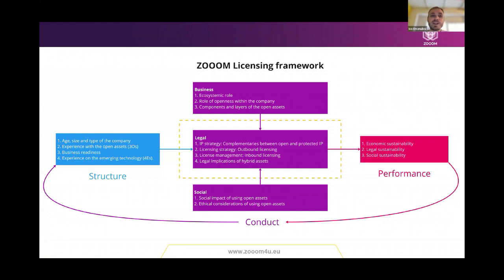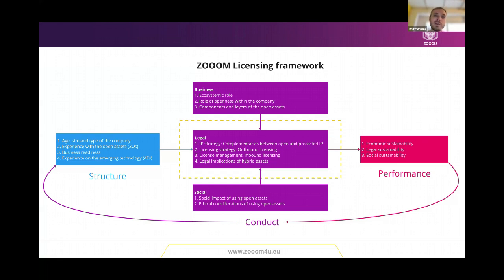And in terms of structure, we study and we are interested in figuring out the age, size, and types of the companies, whether they have any experience with open source technologies, the level of business readiness, as well as whether they have any experience with any of the emerging technologies that we focus on in this project, such as blockchain, artificial intelligence, quantum computation, or robotics.